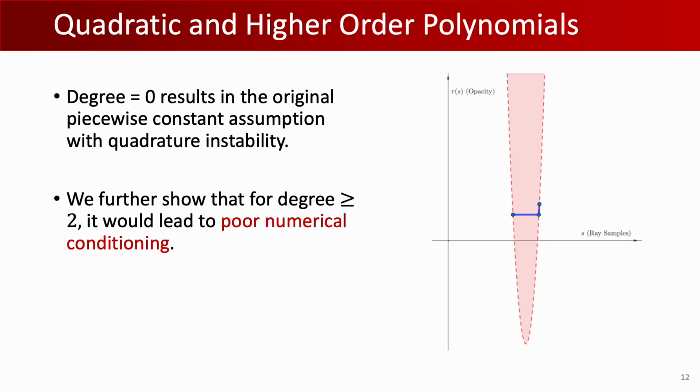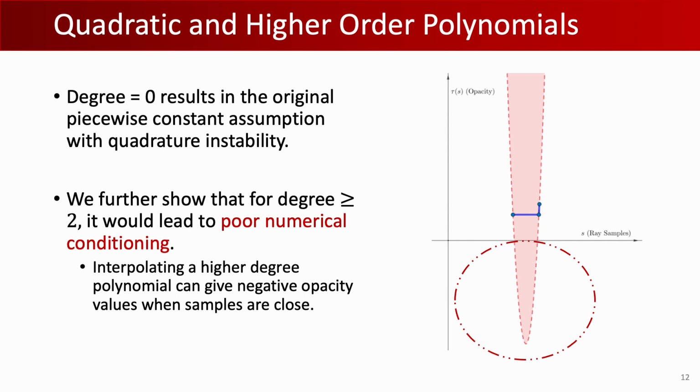A polynomial of degree equals 0 is the original piecewise constant assumption, which leads to quadrature instability. To justify our choice of linear, we further show that for degree greater than or equal to 2, it leads to poor numerical conditioning. That is, when samples are close to each other for higher degree polynomials, it can give negative opacity values when interpolating.